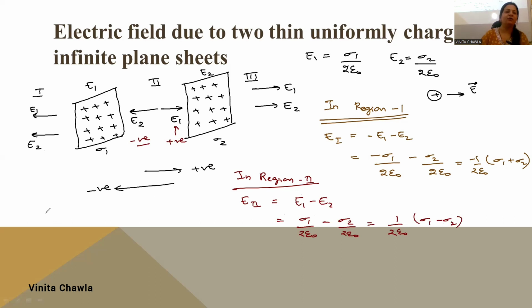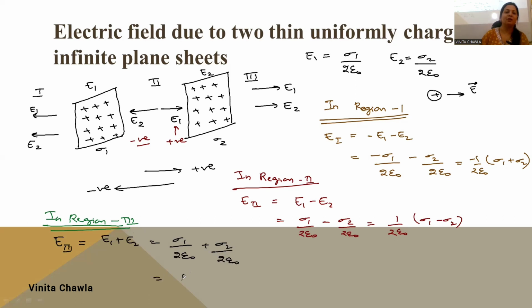Similarly, we can find it for region 3. In region 3, both E1 and E2 are positive. So it is sigma 1 upon 2 epsilon naught plus sigma 2 upon 2 epsilon naught.